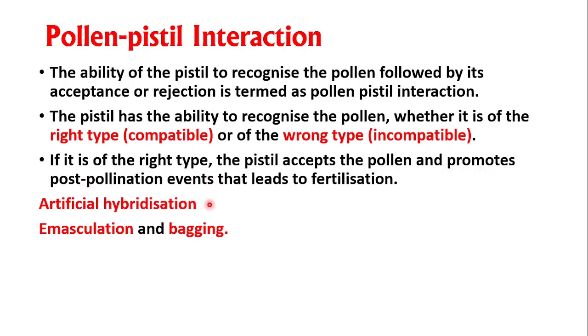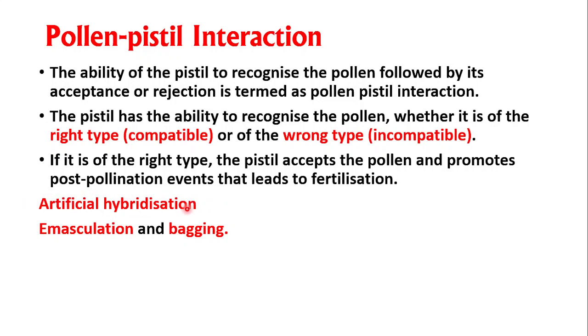That means it will promote the further events that take place after pollination. What are the further events? Very simple: the development of the pollen tube and fertilization. That itself is called pollen germination and fertilization. Is that clear?